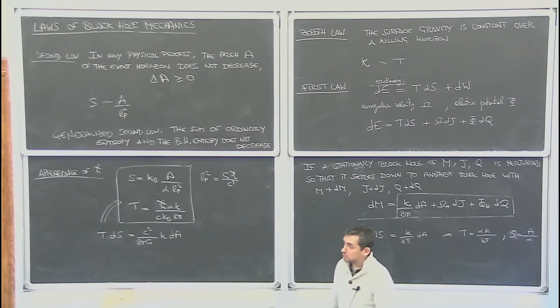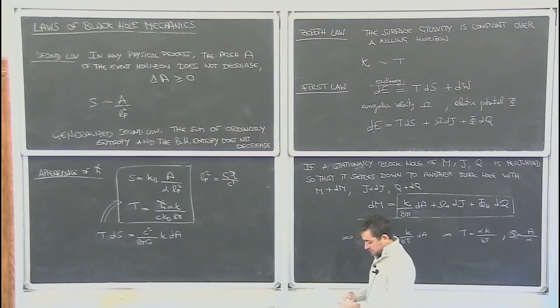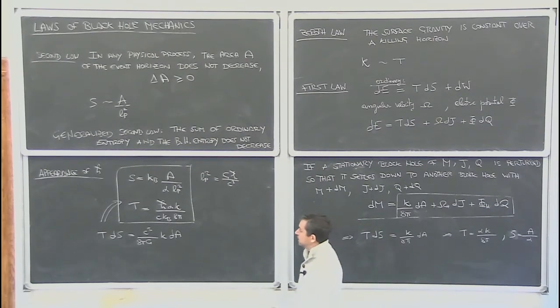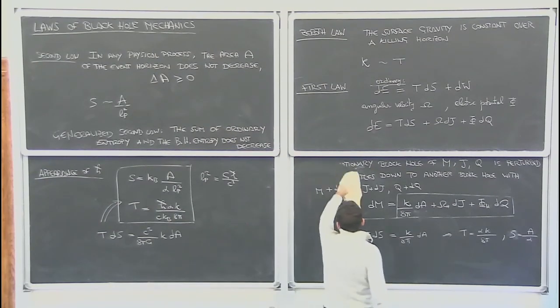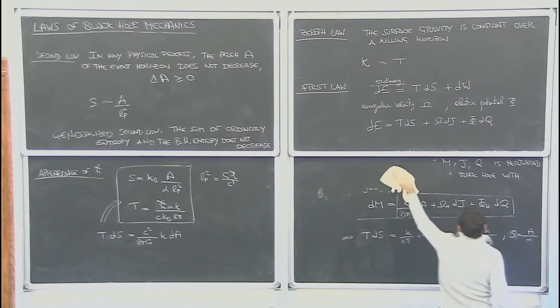So for the remaining 5 minutes or so, I just want to make some estimates, stick some numbers in, associate some numbers to these quantities, just to see how big, how small they are.